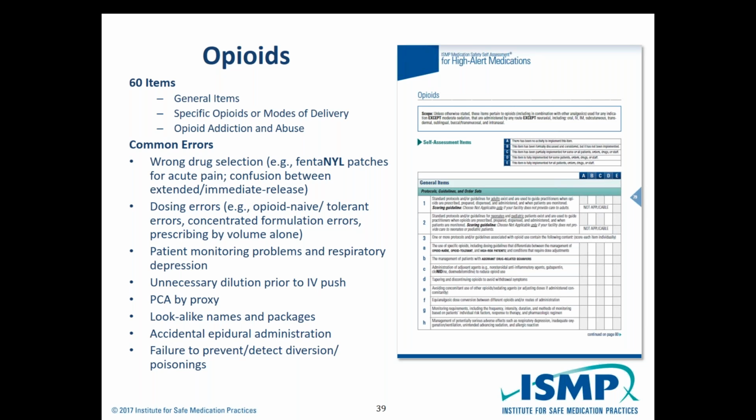And again, some of the errors that we get in: wrong drug selections, dosing errors, oftentimes it's differentiating between opioid-naive or opioid-tolerant patients, monitoring of the patients, patient-controlled analgesia by proxy, and once again, the look-alike packaging, and also there's some staff training in this section.